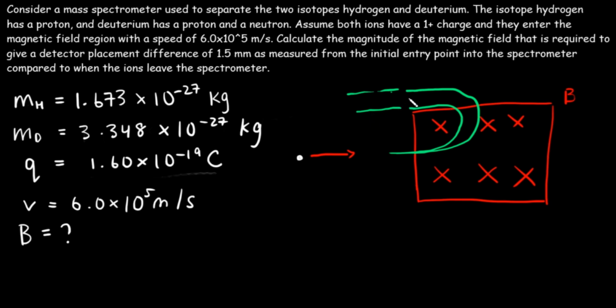This difference over here is D, and it's 1.5 millimeters. We want to convert that to meters, so just divide it by 1,000. That gives you 1.5 times 10 to the negative 3 meters.